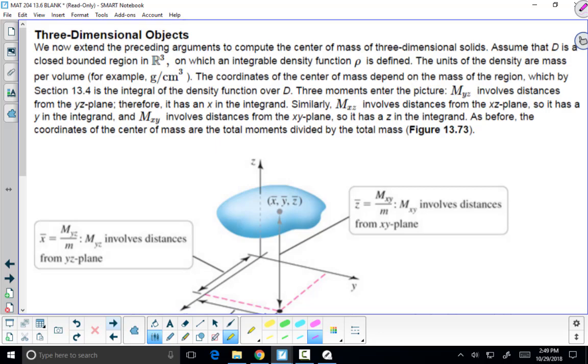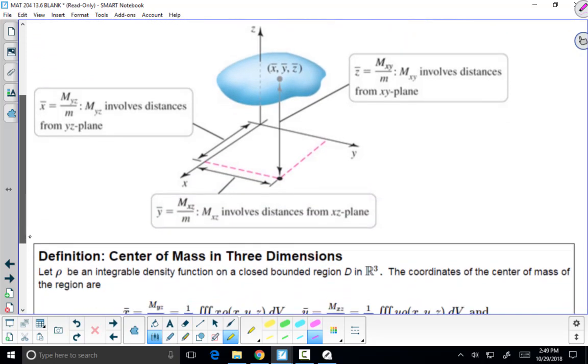So the solid object also has a center of mass, and the center of mass is somewhere inside it, typically, unless it's a very strange shape. You can't have weird concave shapes where the center of mass is not in it. Okay, so same idea.